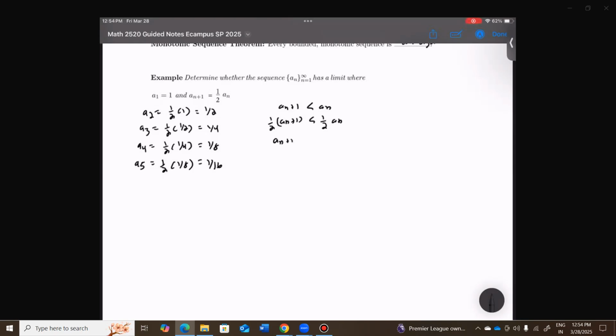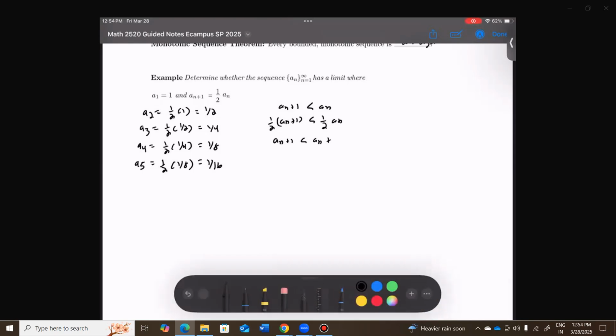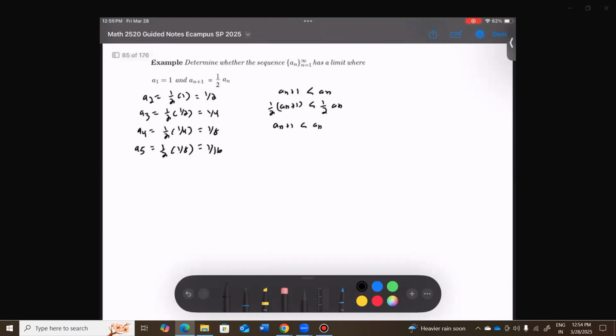So a sub n plus 1 is less than, I'm sorry, less than a sub n. Alright, so this is decreasing. And it's monotonic.